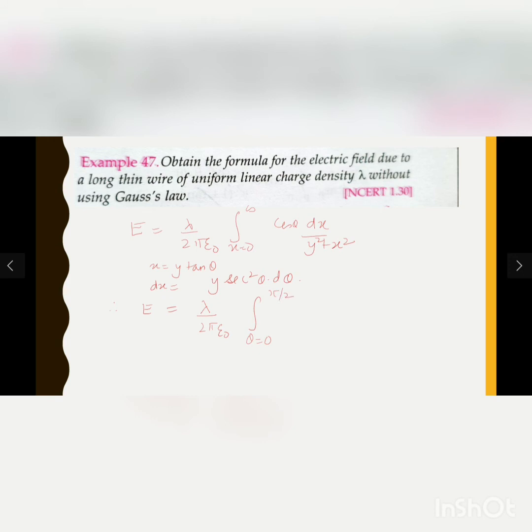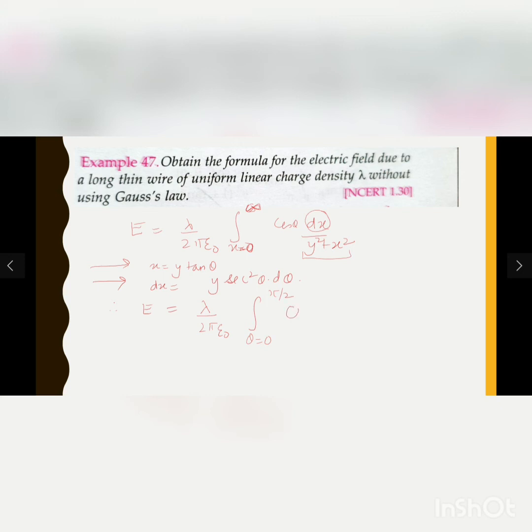Why have I changed the limit from x equal to 0 to theta? Because I have used the substitution method. I have taken x as y tan theta. So now dx I am writing in terms of theta, and y square plus x square I am writing in terms of theta. That's why I also have to change the limit. Now I won't be putting the value of x, in fact I will be using the values of theta.